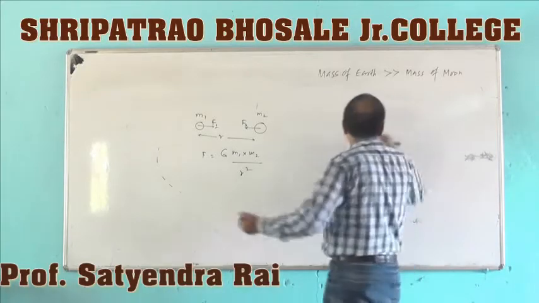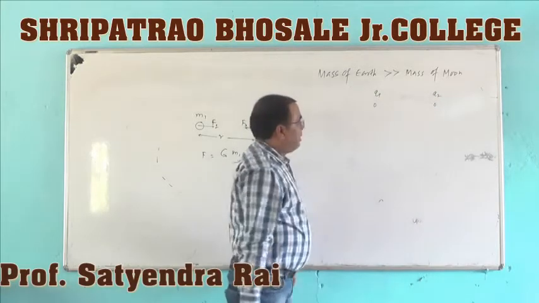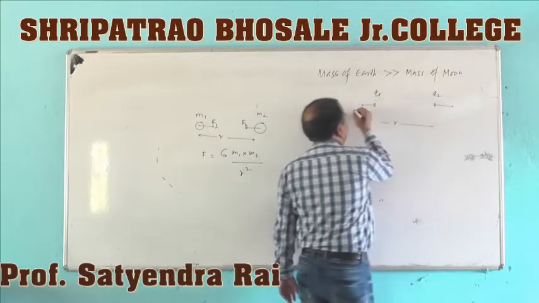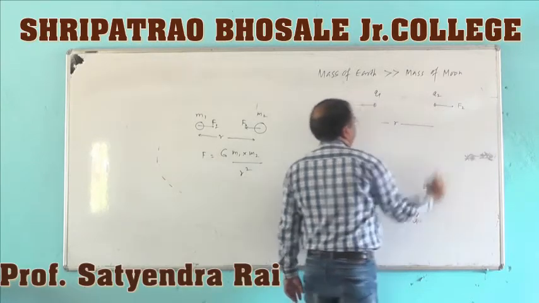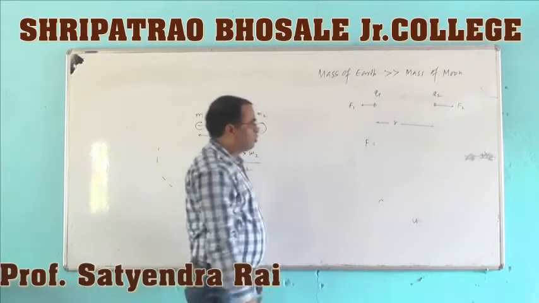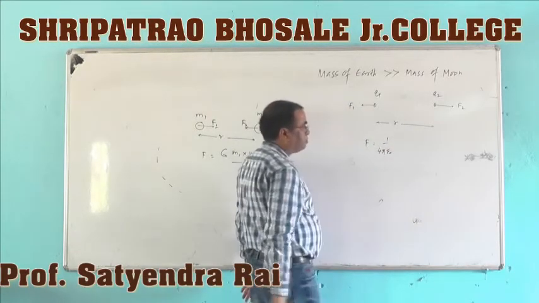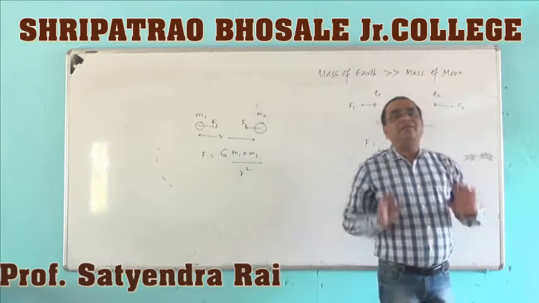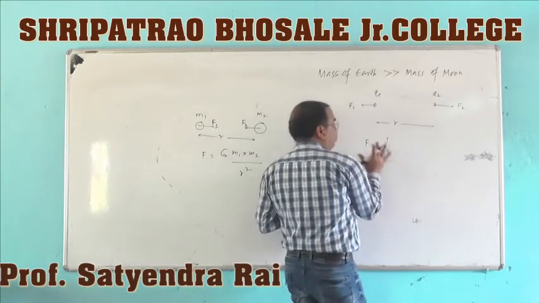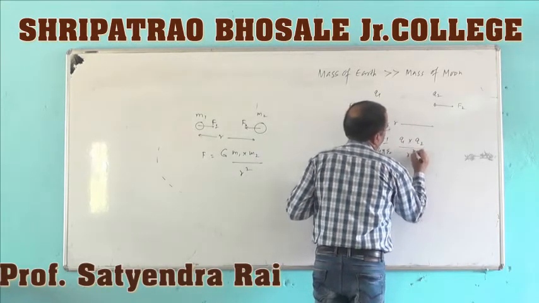When two charges, say Q1 and Q2, are separated by distance r, this is the force acting on one, F1, this one is F2, and here also F1 equals F2 equals F. So F is equal to 1 upon 4 pi epsilon naught, if these charges are placed in vacuum, with no medium, free space. The force between them is given by 1 by 4 pi epsilon naught into Q1 into Q2 upon R square.